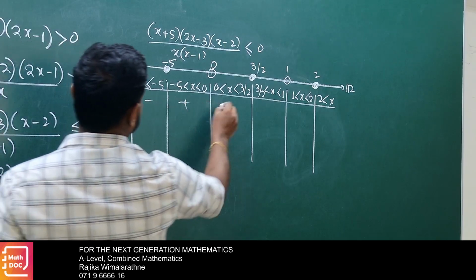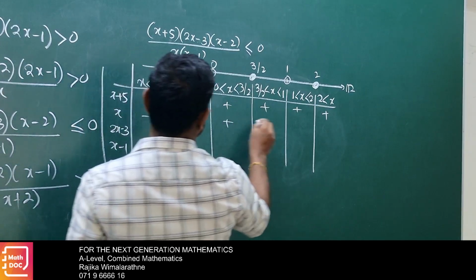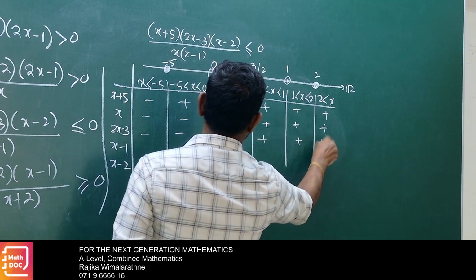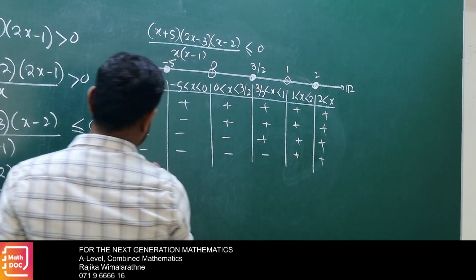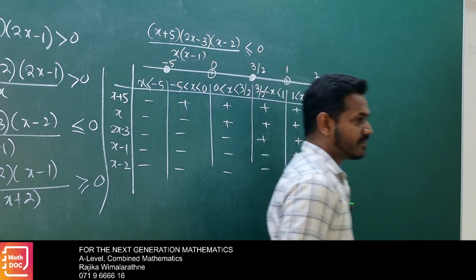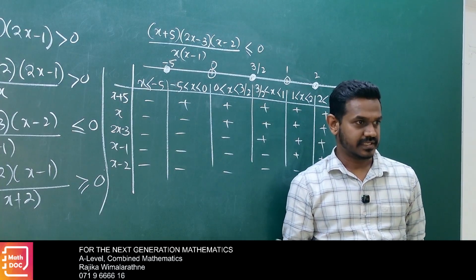Then minus plus plus plus plus plus, minus minus plus plus plus plus, minus minus minus plus plus plus, minus minus minus minus plus plus, minus minus minus minus minus plus. Okay. Then the important thing, you have to factorize it.